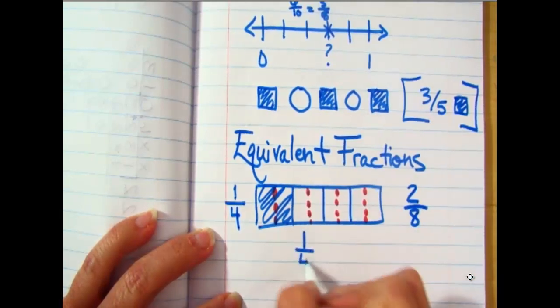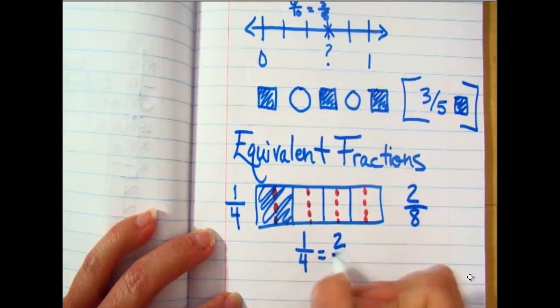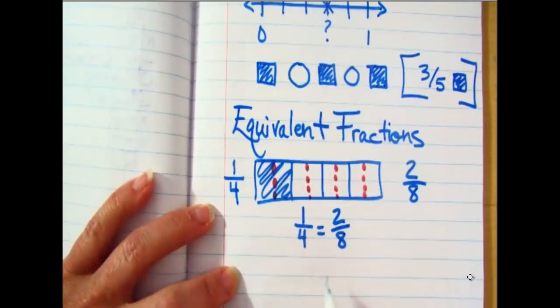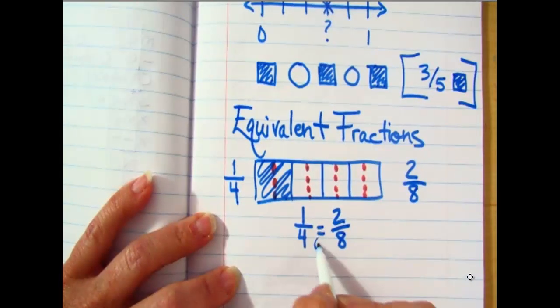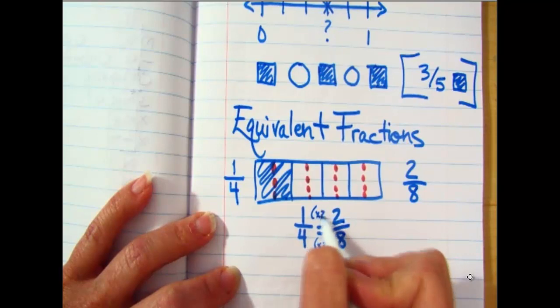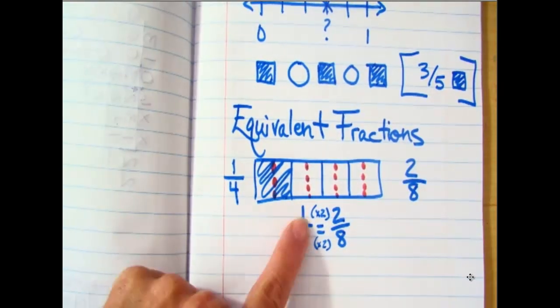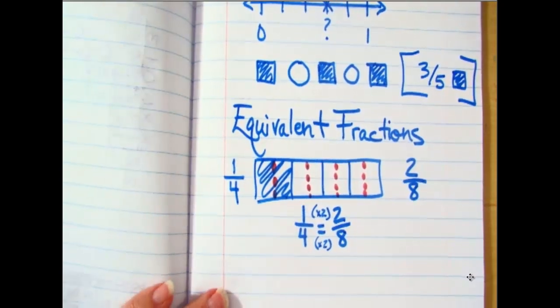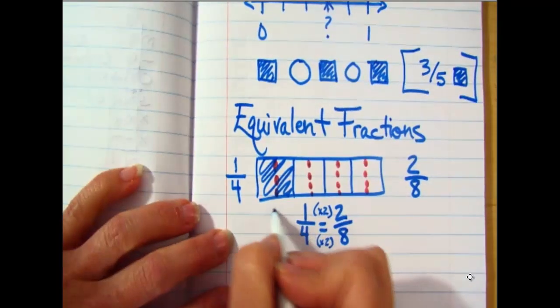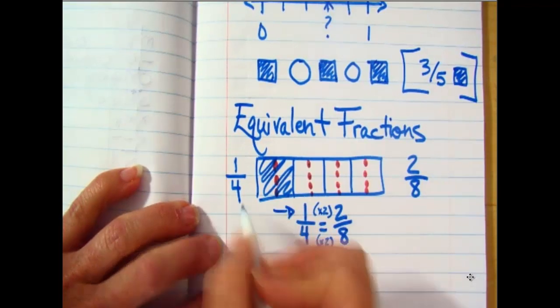And 1/4 is equal to 2/8. I can also do something. If I multiply 4 times 2 and 1 times 2, I can create equivalent fractions just by doubling the numerator and the denominator. A lot of kids forget the words that go along with fraction land.